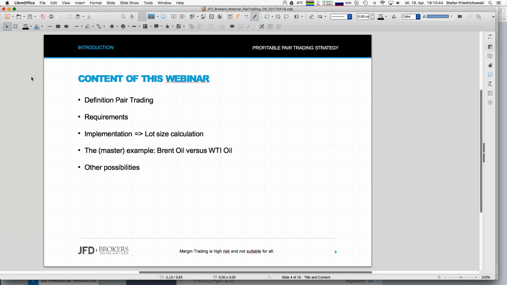So then there will be a request for WTI, and that request will increase. So the demand for the one which is constant in price will increase, and the demand for the one which already increases will decrease. Finally, what does it mean? The price for Brent would go down and the price for WTI would increase.